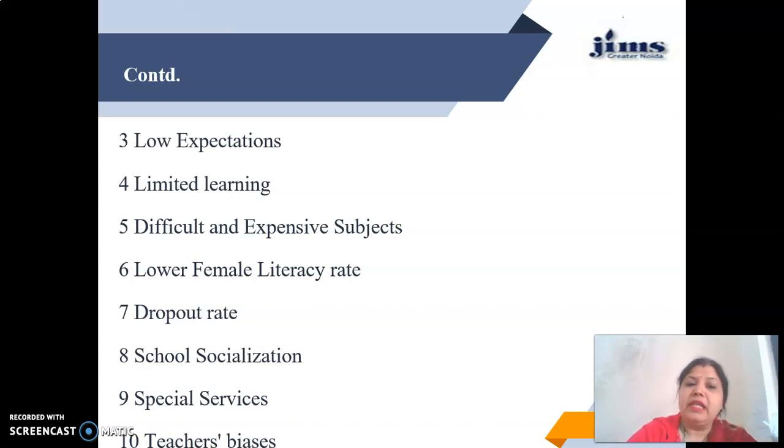Next is limited learning. In the early 20th century, the perception of women's role in society and the family began to shape the primary and secondary curriculum to a greater extent.